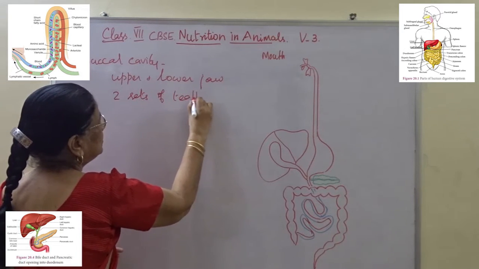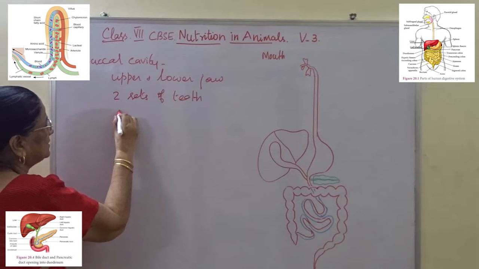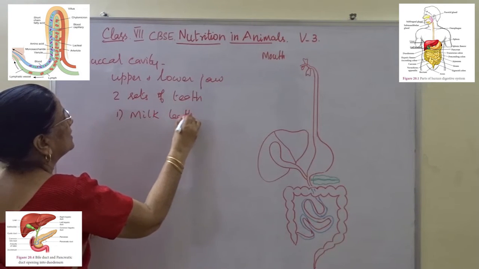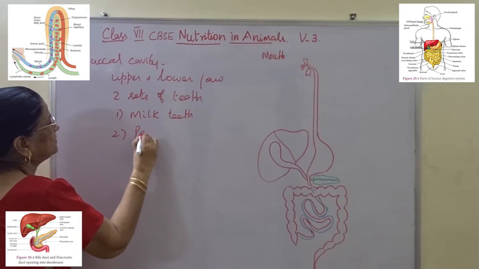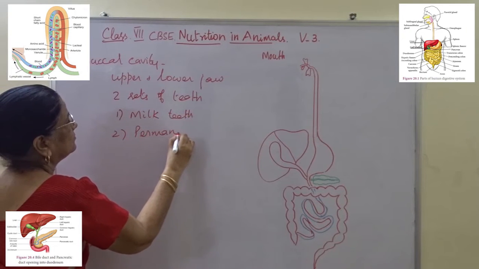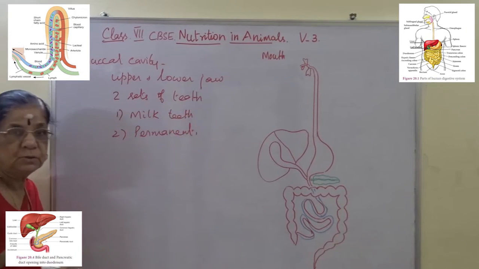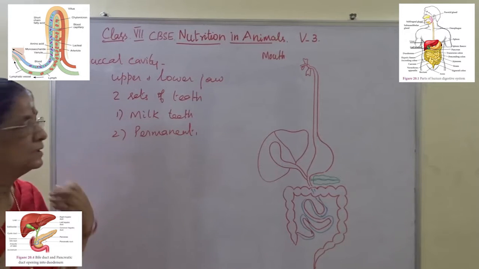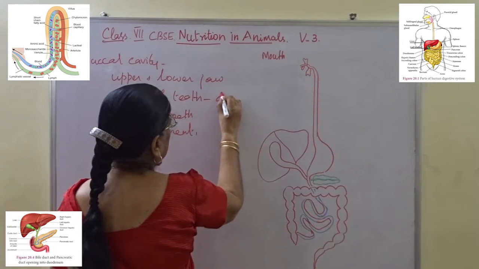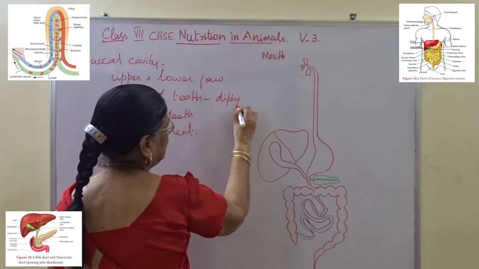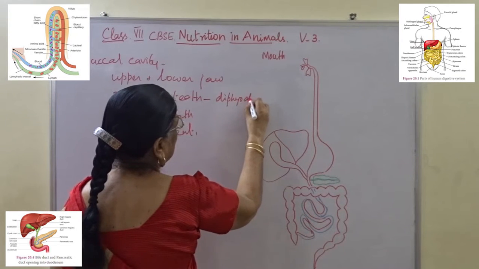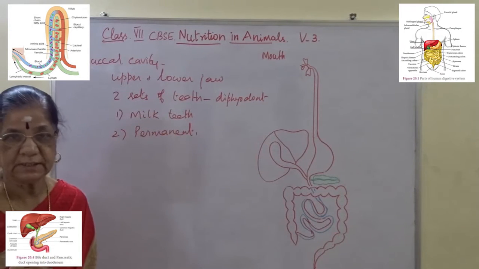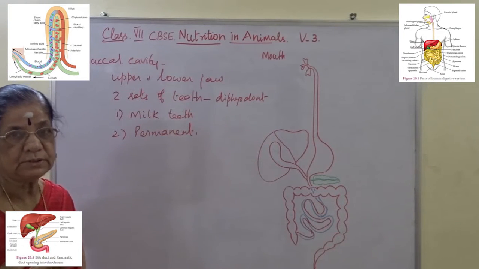The first set is milk teeth, and it is replaced by permanent teeth. Two sets of teeth, milk teeth and permanent teeth. This occurrence of 2 sets of teeth is called diphyodont. Dont refers to teeth, di refers to 2.